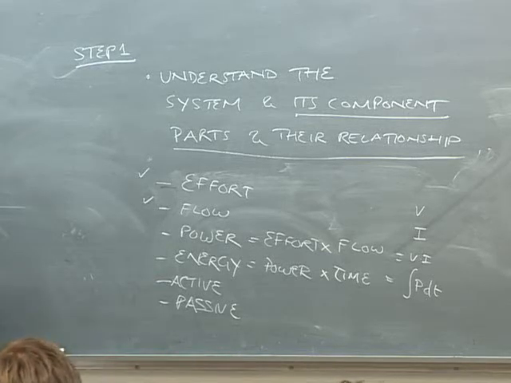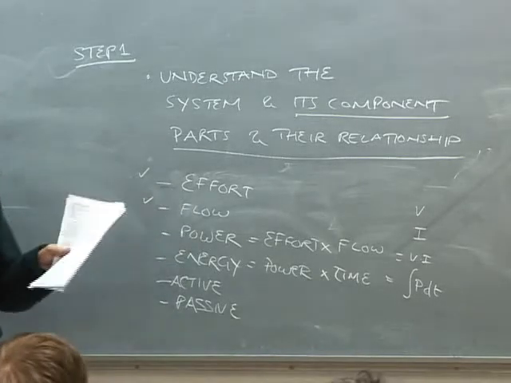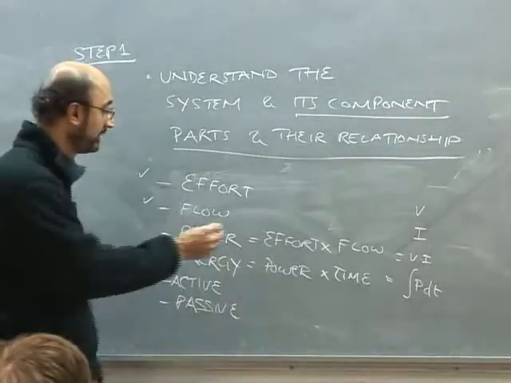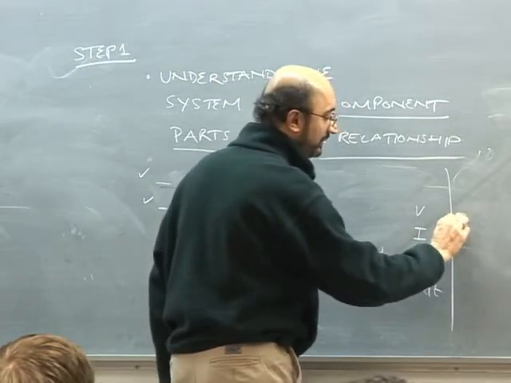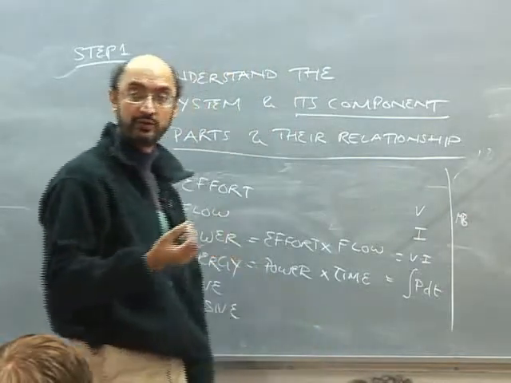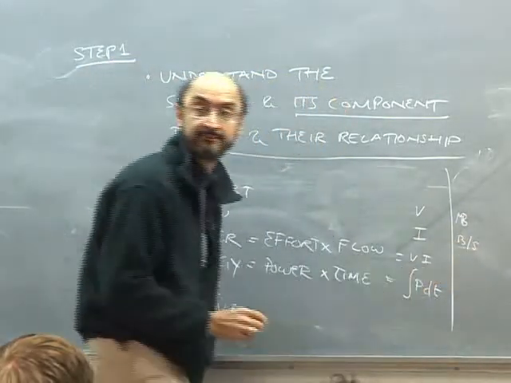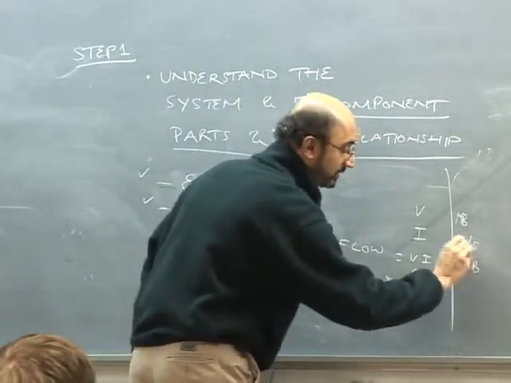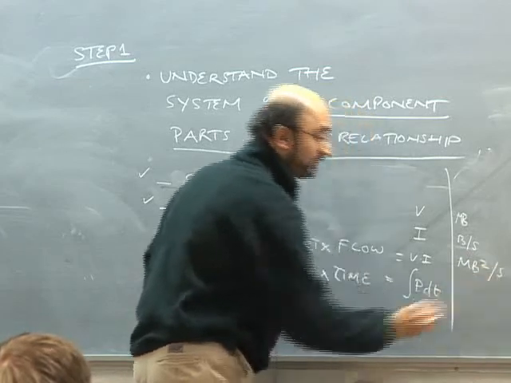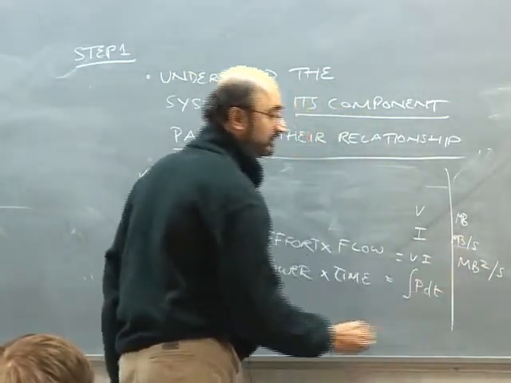Yeah, Tanya. What's energy in a network setting? In a network setting, effort would be in bytes, let's say megabytes to be more realistic. Flow would be in megabytes per second, just to be consistent.